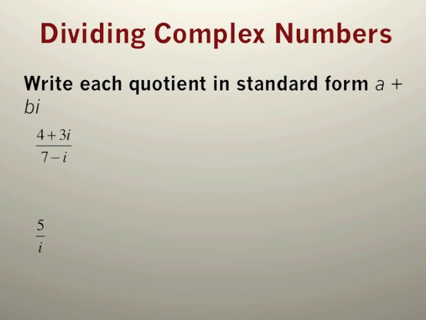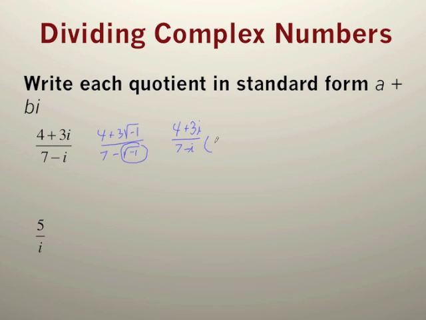Now we have to remember what i actually means. We have 4 plus 3 times the square root of negative 1 over 7 minus the square root of negative 1. That means we have a radical in the denominator, and we need to rationalize that denominator. And here's where our complex conjugates come in, because we can use those to get rid of this radical. So we'll take 4 plus 3i over 7 minus i.